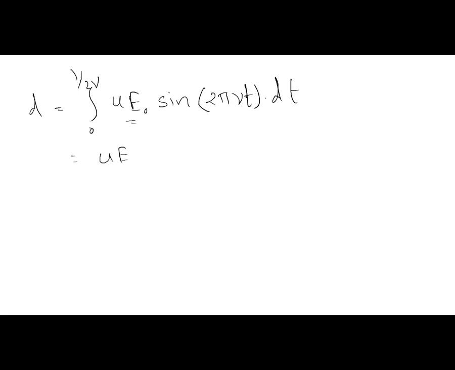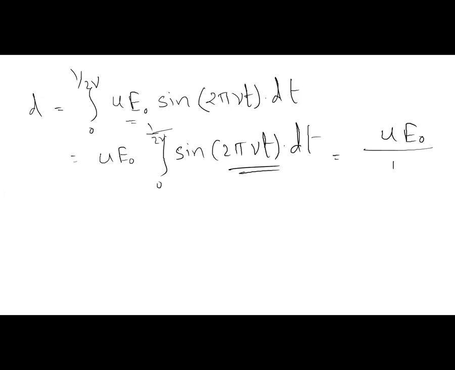So u E naught times the integral from 0 to 1/2 nu of sine 2 pi nu t dt. So this is a standard integral, and if you solve it, try to solve it, you get the answer as u E naught over pi nu.